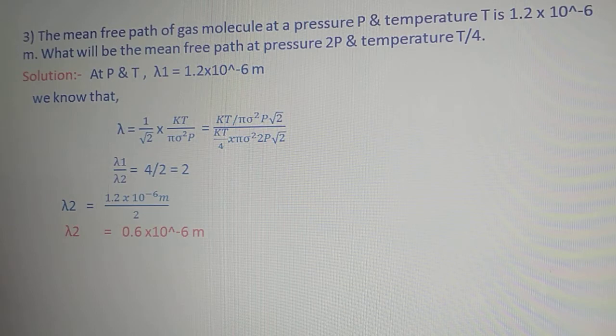The mean free path of the gas molecule at pressure P and temperature T is given to you. So you are given a particular condition where the pressure and temperature of this particular vessel or container is P and T, and at that particular temperature and pressure, the mean free path of the gas molecule is 1.2 into 10 to the power minus 6 meter.